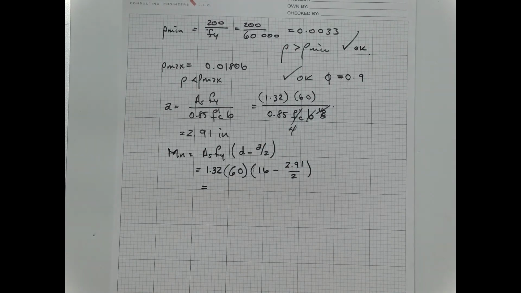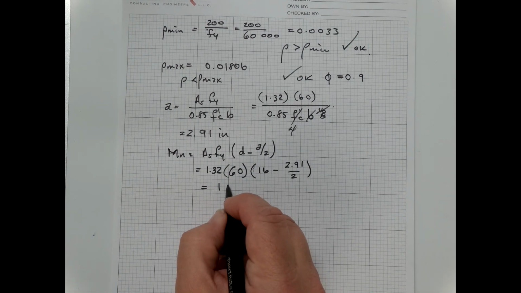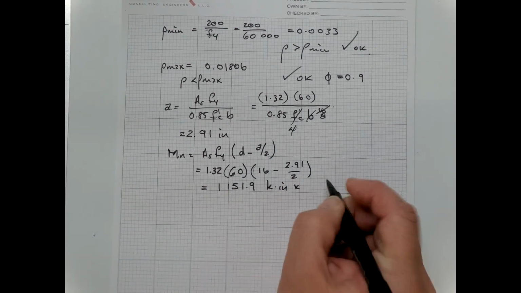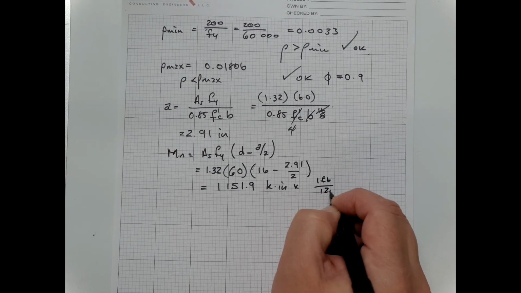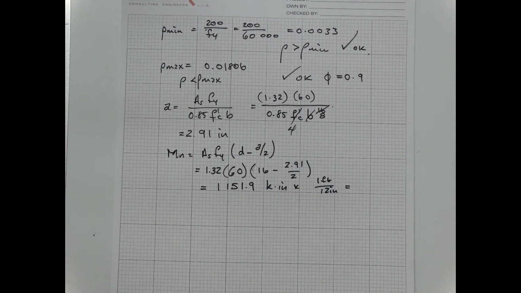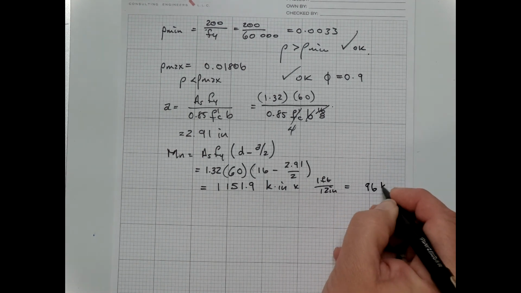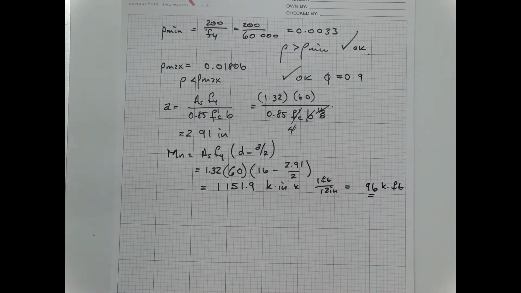This comes to be 1,151.9 kip inches multiplied by 1 foot divided by 12 inches, and that gets me a moment capacity of 96 kip feet. I have two significant figures because I only know my other values to two significant figures.